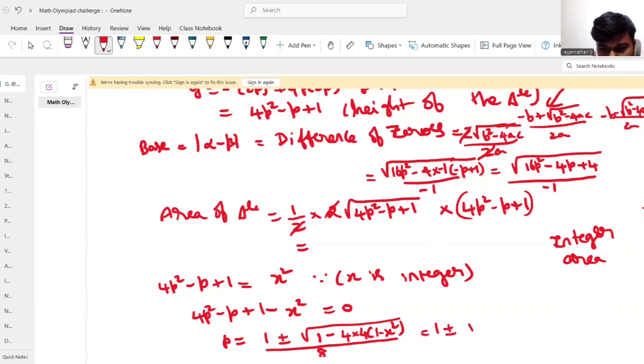Gives me 1 plus or minus root of. So here I have minus 4 into 4, minus 16. So plus 16x square comes in. Minus 16 plus 1, minus 15 comes in, divided by 8. So this is my value of p here.